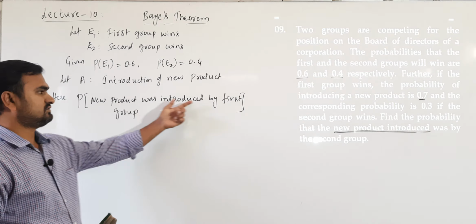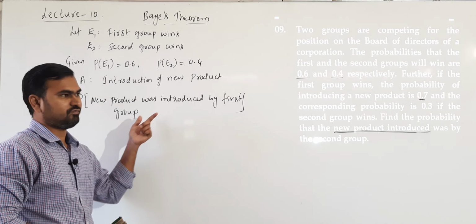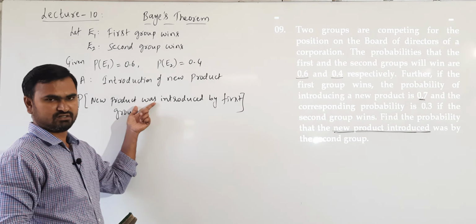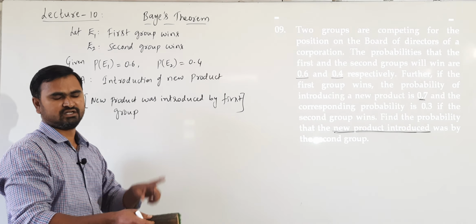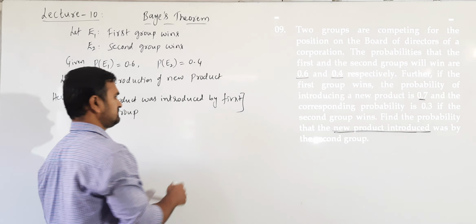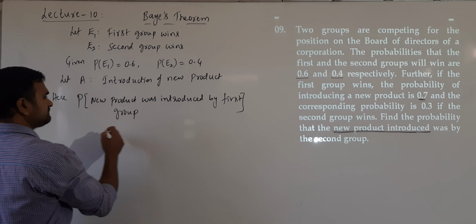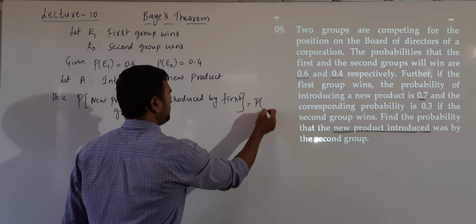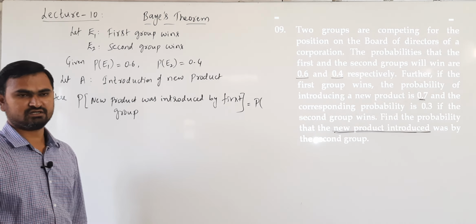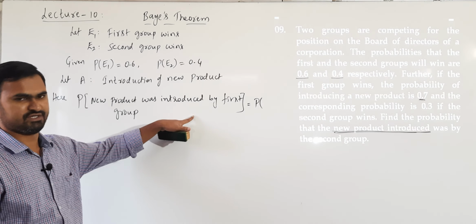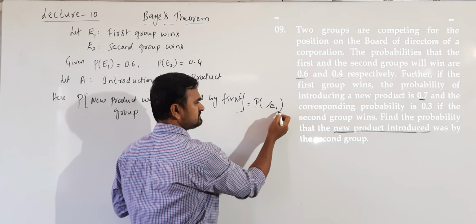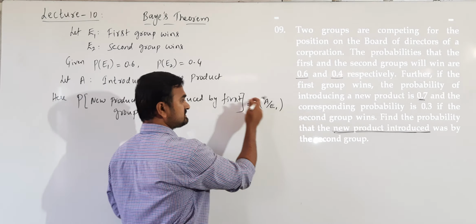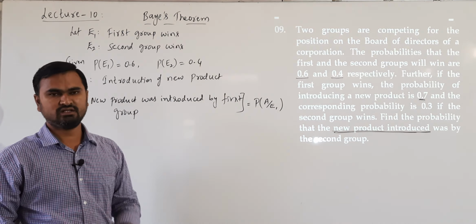When will the first group introduce the new product? Only when they win. So if they win, then only they can introduce the new product. Given that the first group wins, then only they can introduce it. That is P of A given E1.